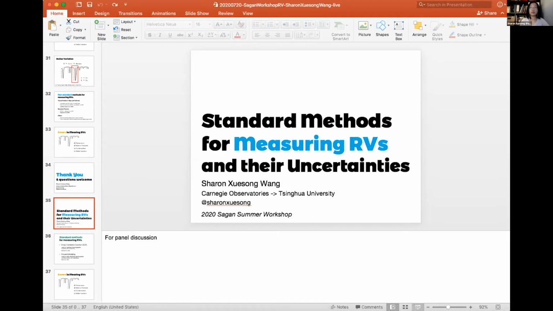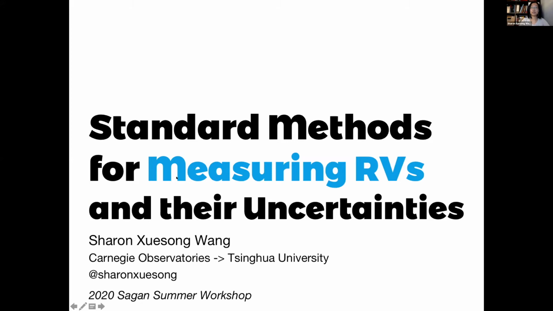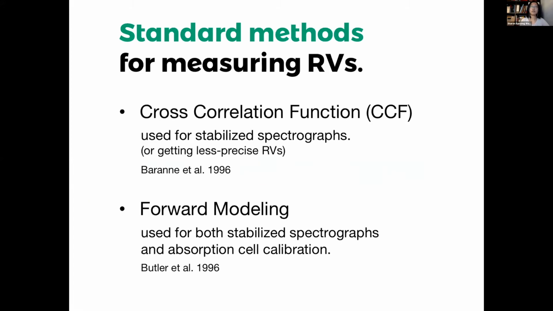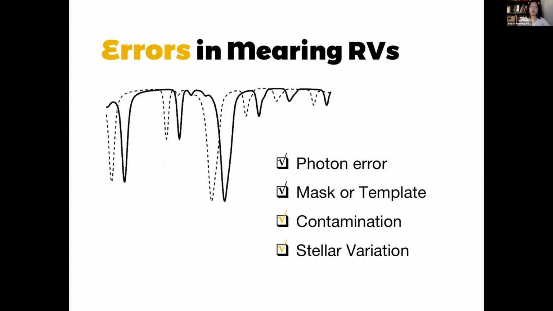So I talked about standard methods for measuring RVs and their uncertainties. There are roughly 2 families of standard methods, that is using cross-correlation function or forward modeling. And then I touched on mostly the errors in measuring RVs, that is photon errors. CCF and forward modeling actually perform equally well to photon limited precision under idealized conditions.